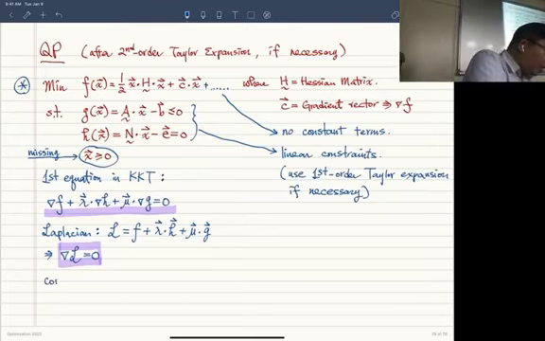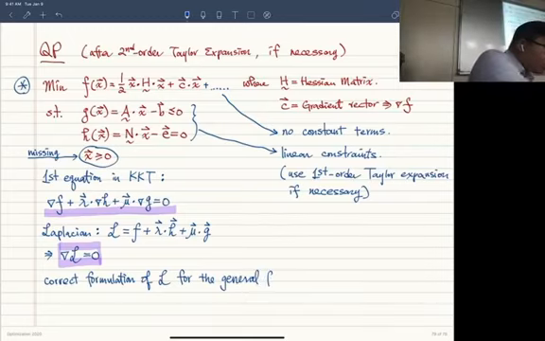So the correct formulation of the Lagrangian for the general problem. Which general problem? This one.